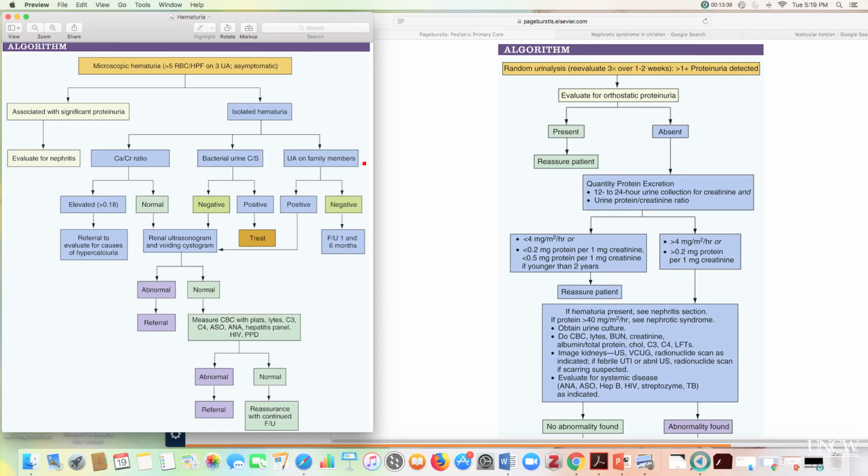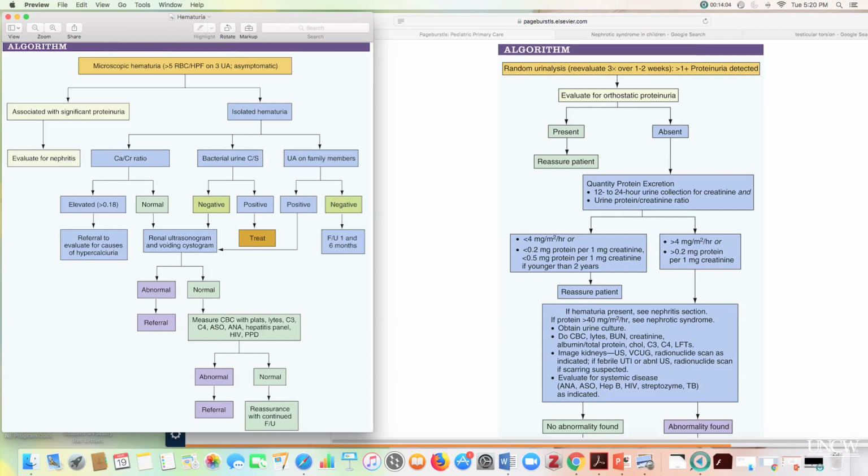Do the family members have urine analyses that come back positive for blood also? If so, it is possible that there is something called benign familial hematuria syndrome, where it's genetic that you spill blood into your urine, but it's not necessarily a severe renal or nephrologist consult or a problem.